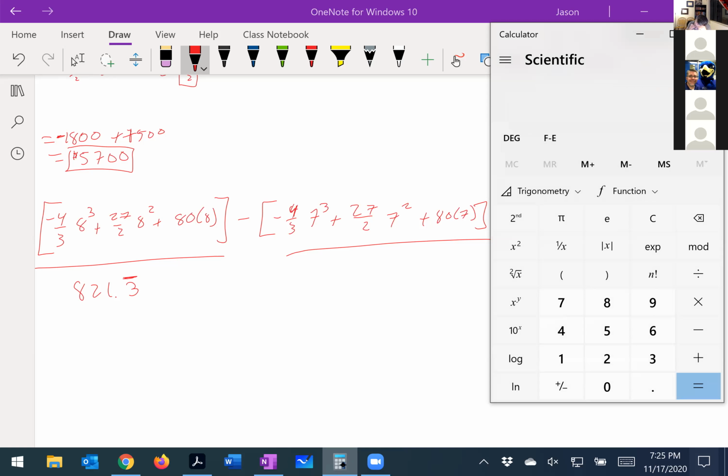And then this thing here is going to be 7... Oh, maybe that's where I messed up. No, because that's still 343. Okay, so negative 4 divided by 3 times 7 raised to the third plus 27 over 2... What the heck?